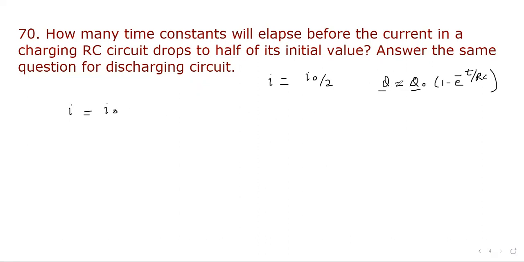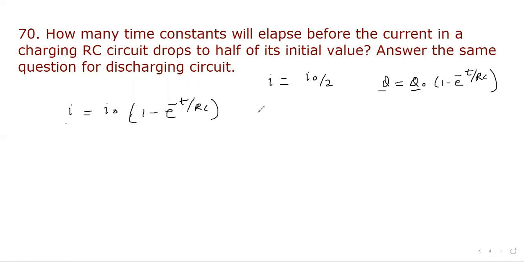This is charge. So if we evaluate it, we divide it by time on both sides. So I equal to I0 times 1 minus e to the power minus t upon RC. And in our question, I is given as I0 upon 2.